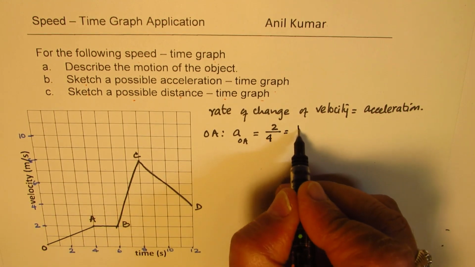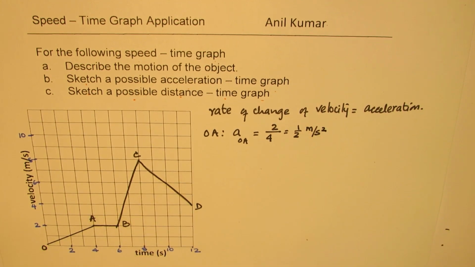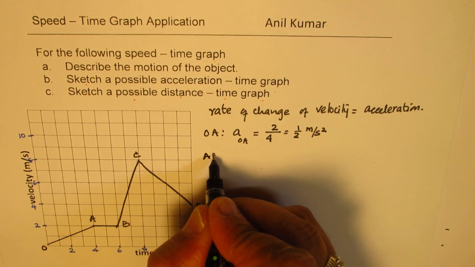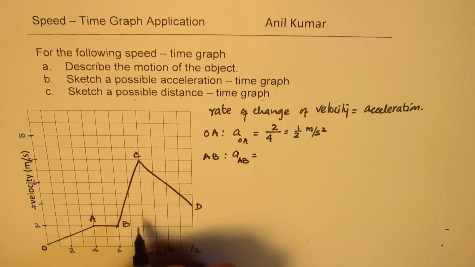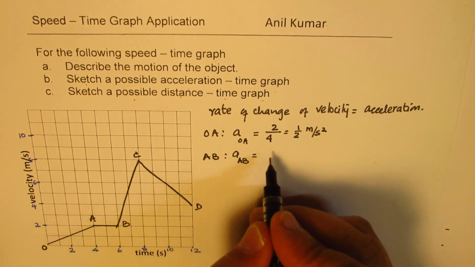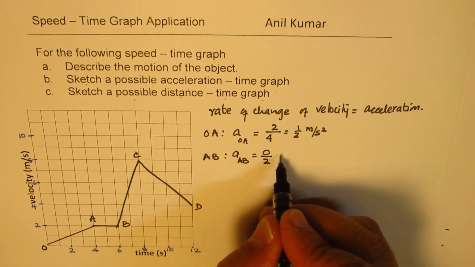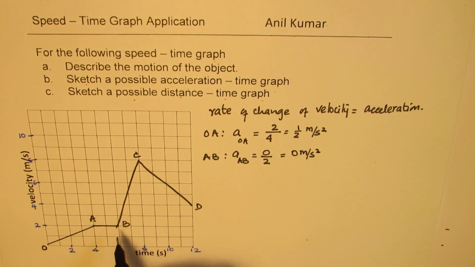So it is half meters per second square. Now from A to B, the acceleration is basically 0, since the change in velocity is 0, right? And it takes a time period of 2, so it is 0 meters per second square.